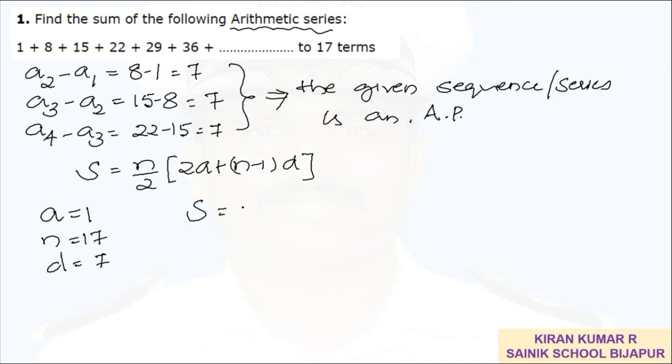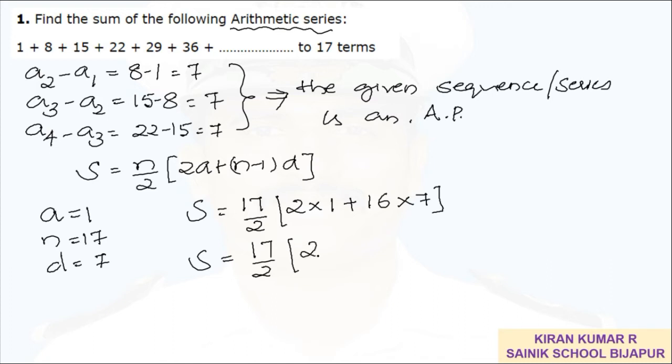Therefore, S will be 17 by 2 multiplied by 2a, it is 2 times 1, plus n minus 1 is 16 into d is 7. So the sum is 17 by 2 multiplied by 2 plus 112, because 16 sevens are 112.